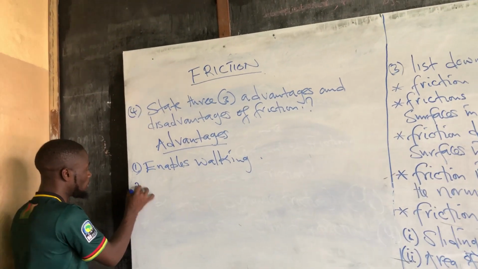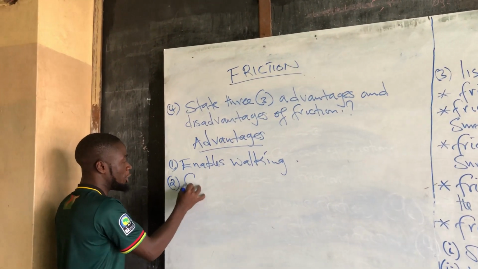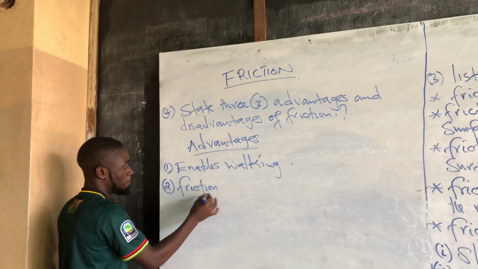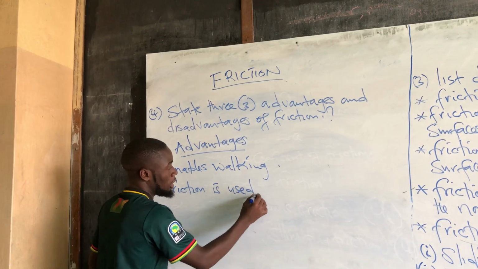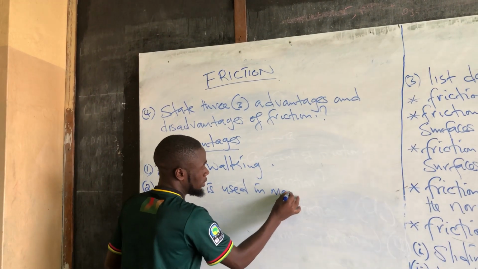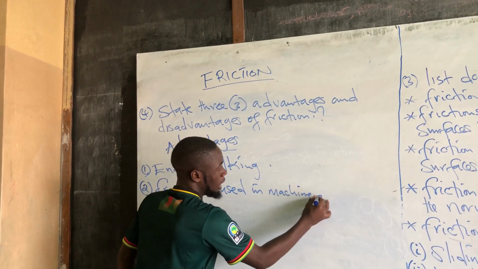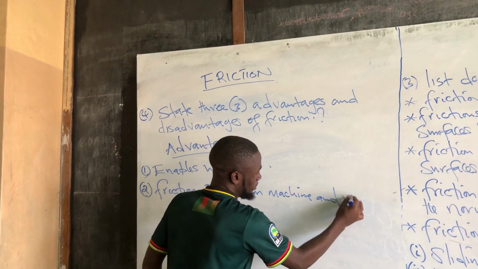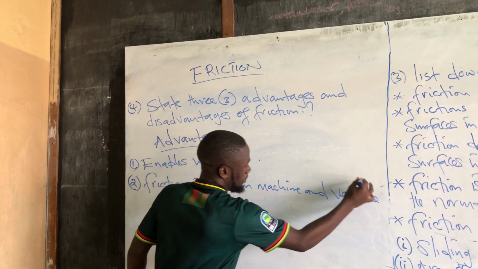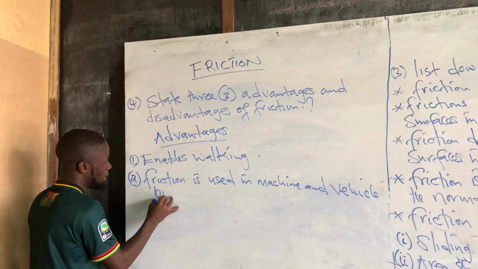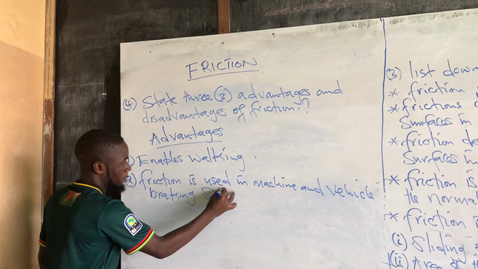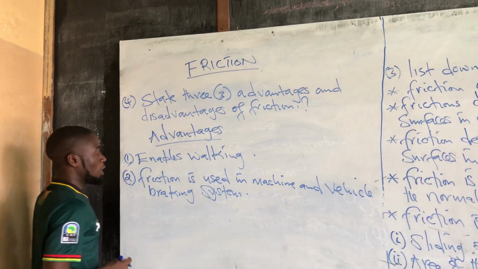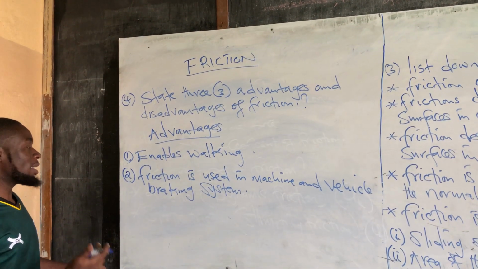So number 2, friction is used in machines and vehicle braking systems. So friction is used in braking systems.